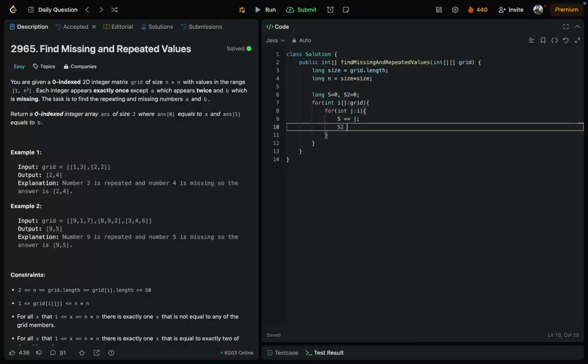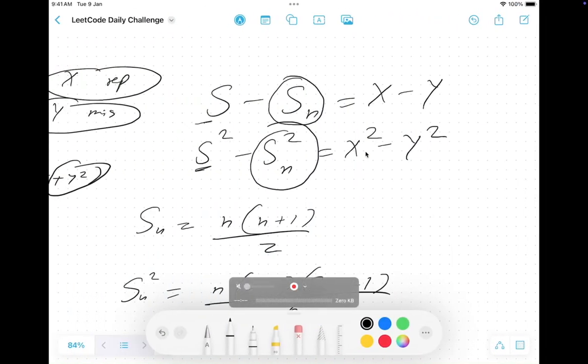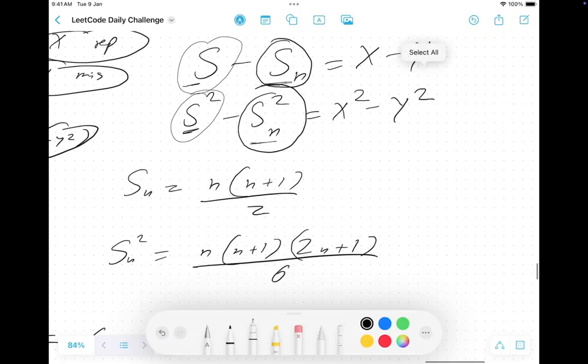Then s square will be equal to j multiply j, but j is integer, so to be on a safer side we need to multiply with long. Then what we need, so we have found two values, which is s and s square, but we need sn and s square n. Sn and s square n can be calculated using math only.